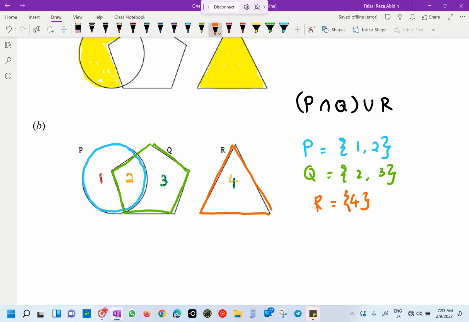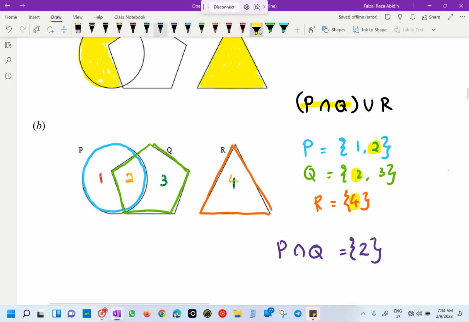Okay, so we are going to solve for P intersect with Q. P intersect Q here is only 2, the region 2 there. And then we are going to have union with R. When union with R, everything in R here is only 4.